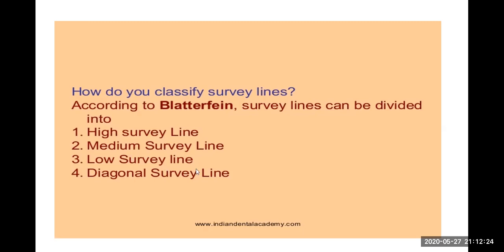Where diagonal is different is that it tends to divide the tooth into two. I'm just giving an illustration for you to understand. So know that the diagonal survey line divides a tooth into two, running from the occlusal direction down to the neck of the tooth. These survey lines help you to determine which of them you are going to engage and which of your clasp arms is going to engage in order for you to design your partial denture.